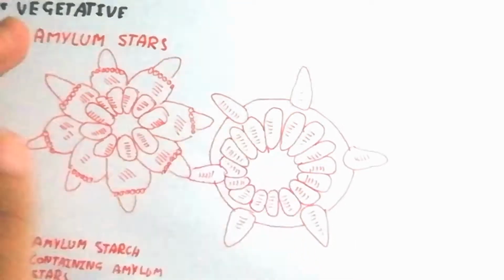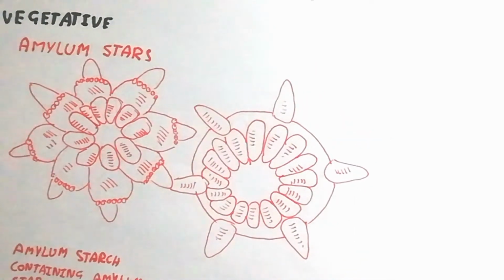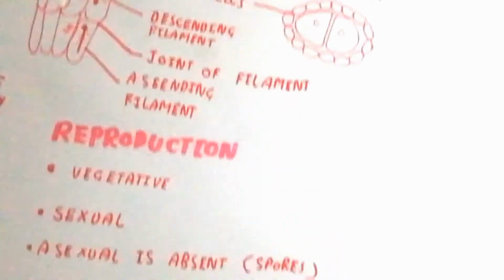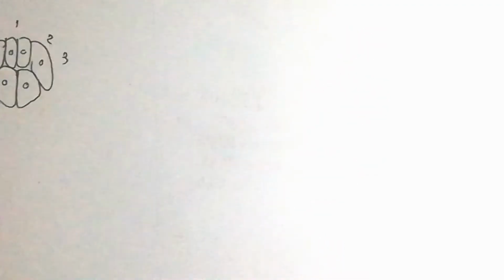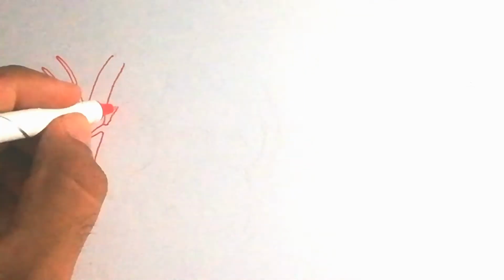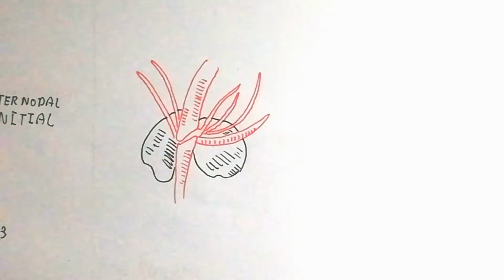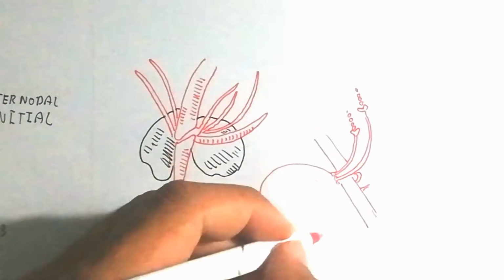The amylum star has a different structure and shape, but the function is the same. Another one develops in the node, is present in the node, and detaches to reproduce the plant again.